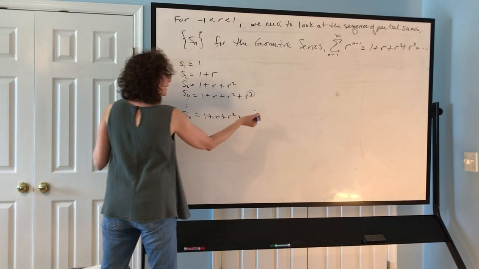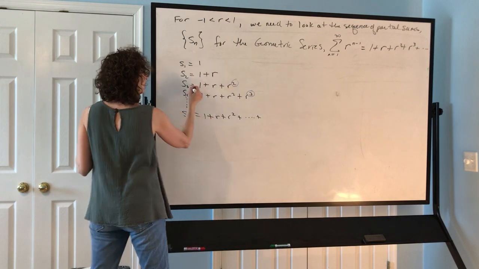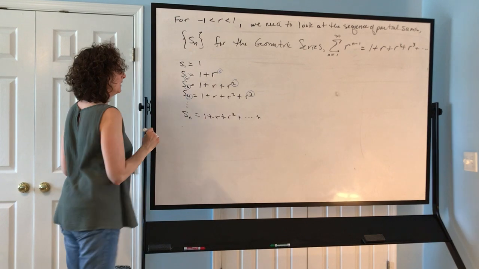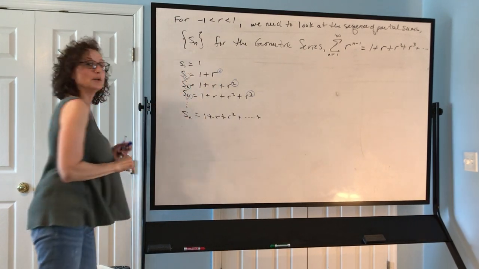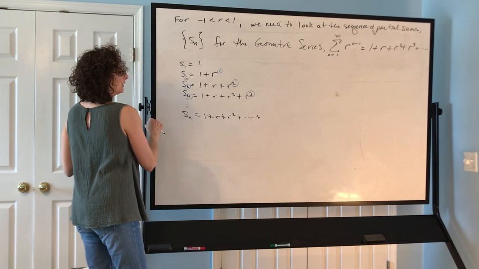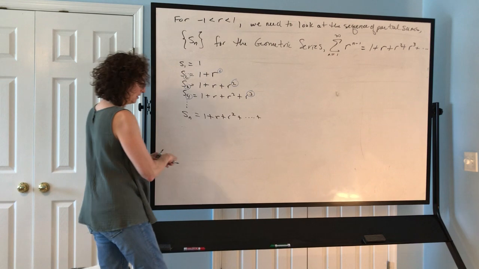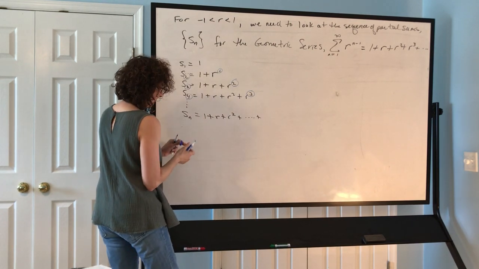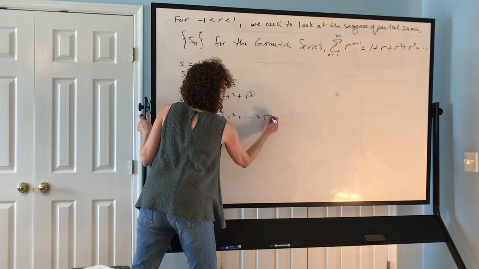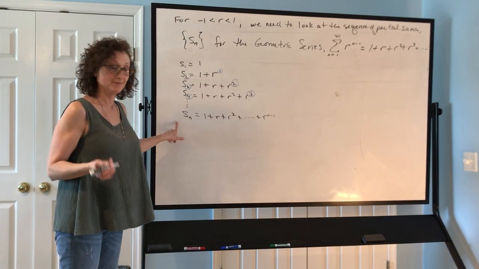Here, this guy, what's his relation to this? 3 to 4, 2 to 3, 1 to 2, right? 0 to 1, right? This number is, good, 1 less than that number. Yeah, so what should I write there? R to the n minus 1, right? 1 less than that number. Good. So that's Sn, right?